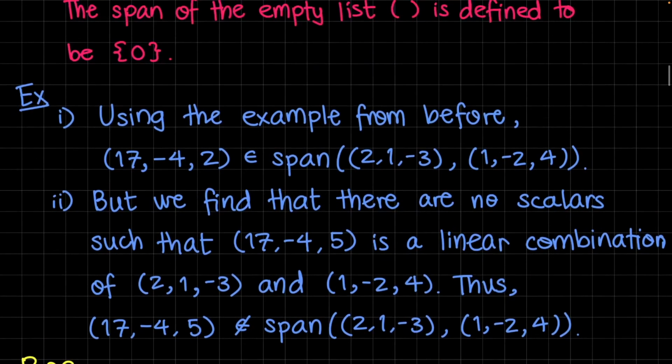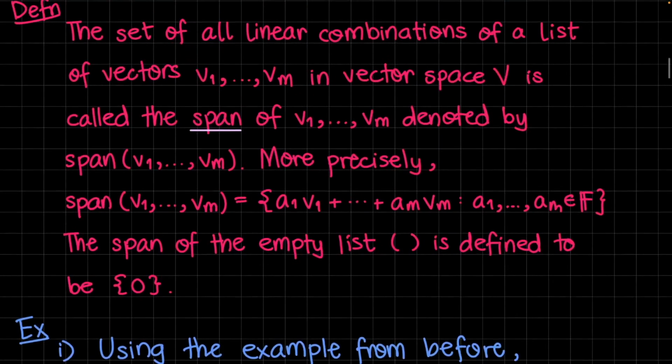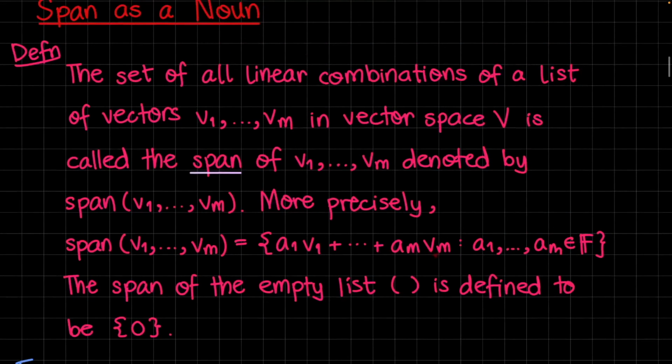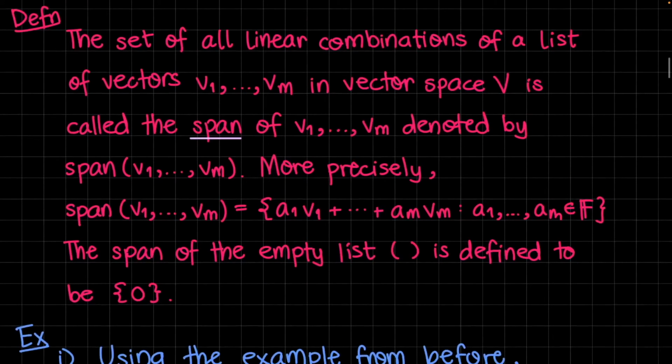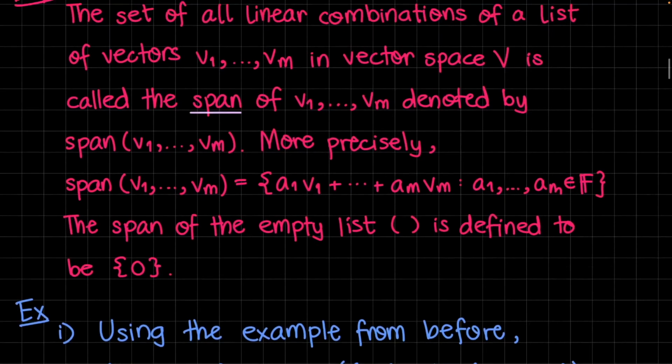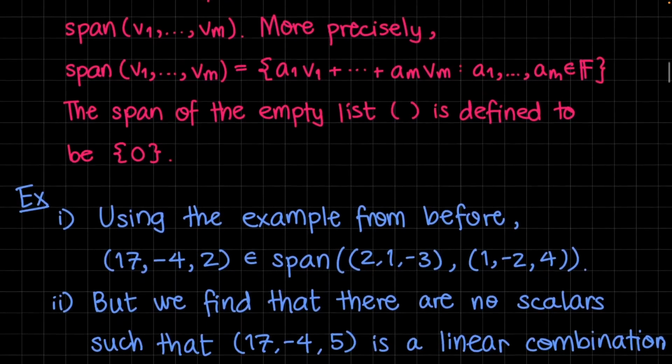That's just using the linear combination terminology from before and making it a little more geometrical, in the sense of now we have a linear subspace which consists of all of these linear combinations of vectors in a list.